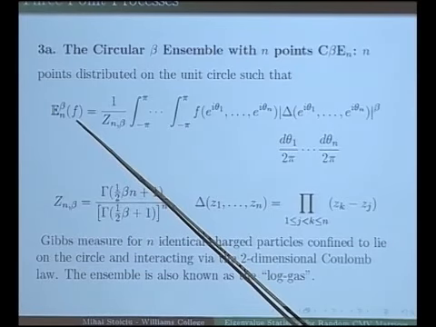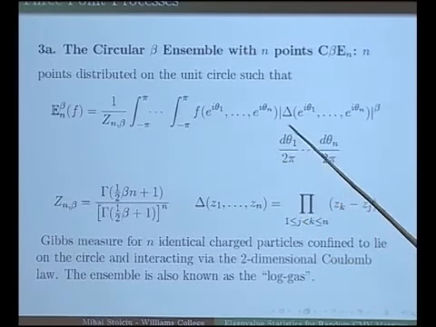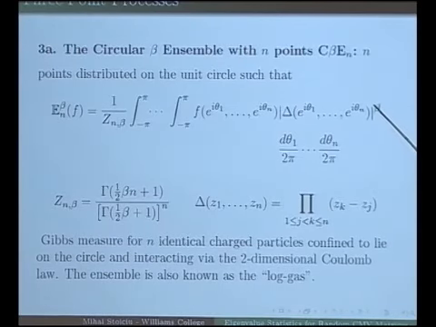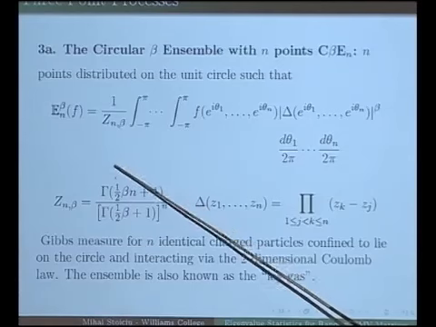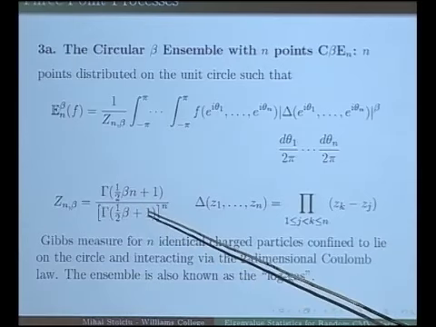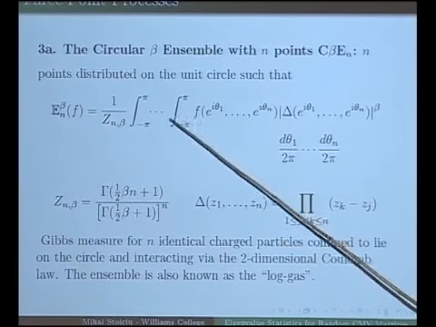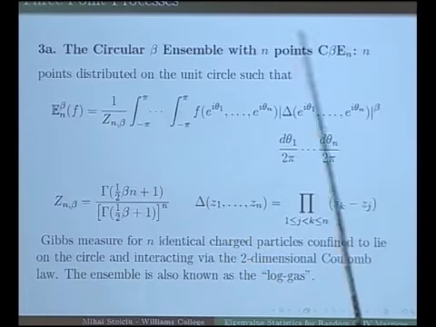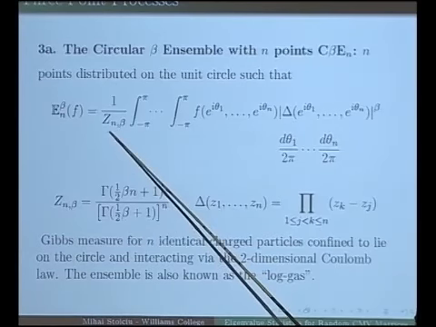If you have f a symmetric function, and you apply the symmetric function f to these n particles on the unit circle and you take the expectation, this is the integral of that symmetric function times the Vandermonde determinant to power beta, divided by this partition function, the normalizing constant, which is computed. I checked Mehta's book, the derivation is there. So this is the circular beta ensemble for n points.